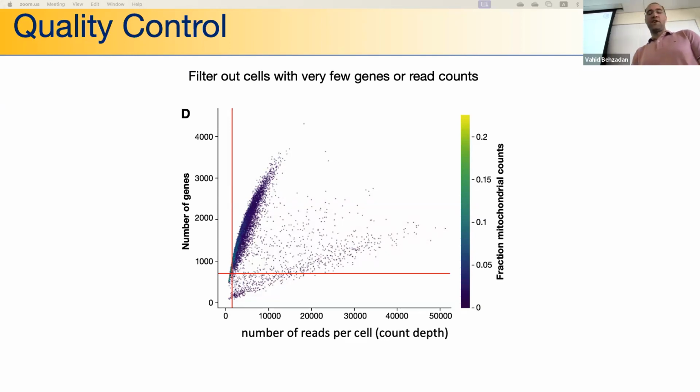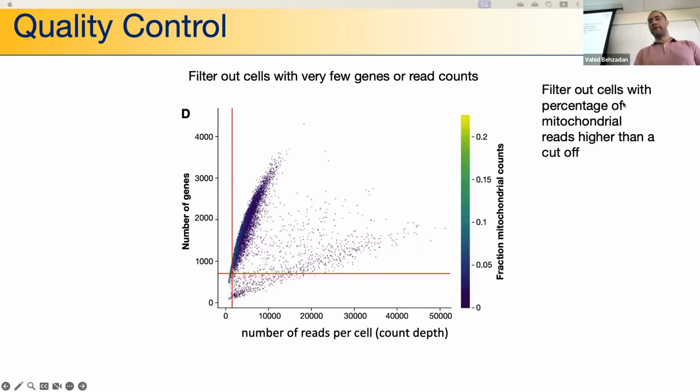Thanks. Okay, so we basically, as I said, filter out cells with very few genes or read counts. So we remove cells that are below this red line. We also filter out cells with a percentage of mitochondrial reads higher than a cutoff, and that cutoff is usually 5%.